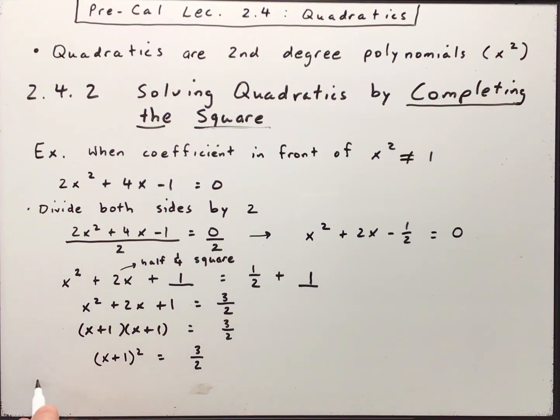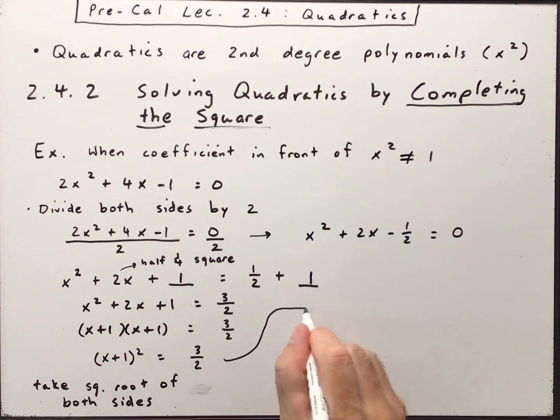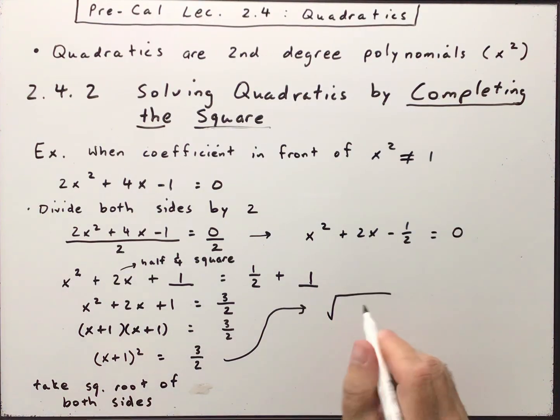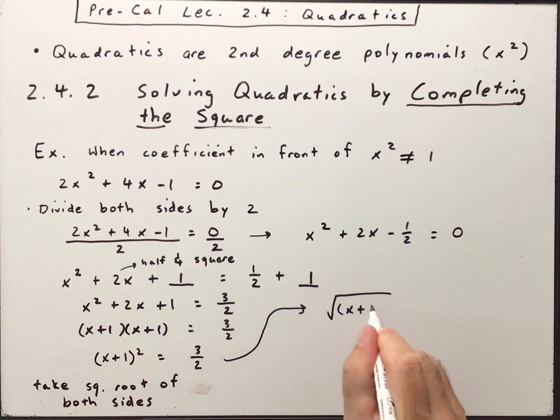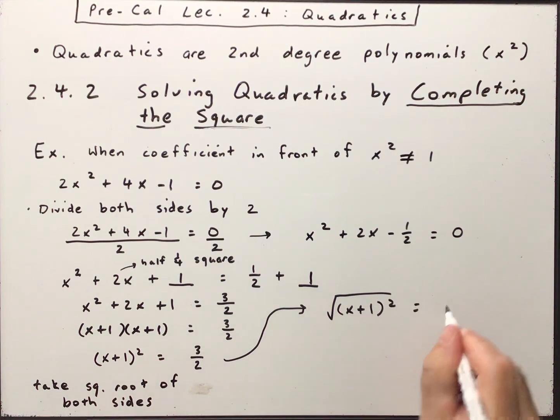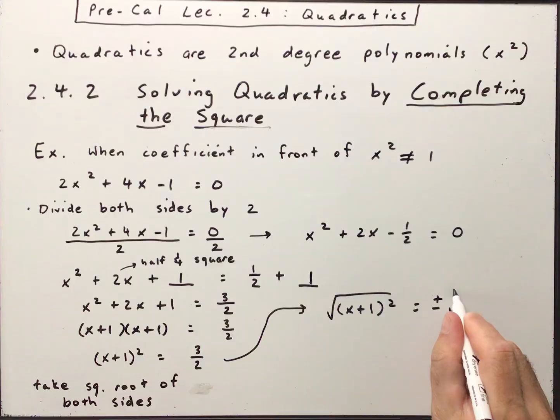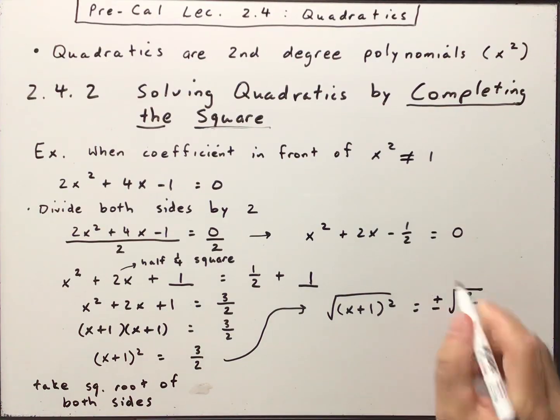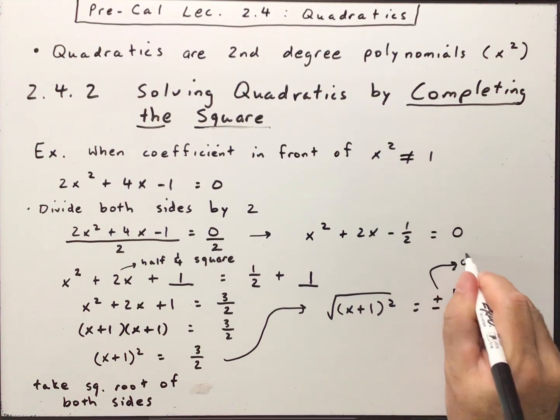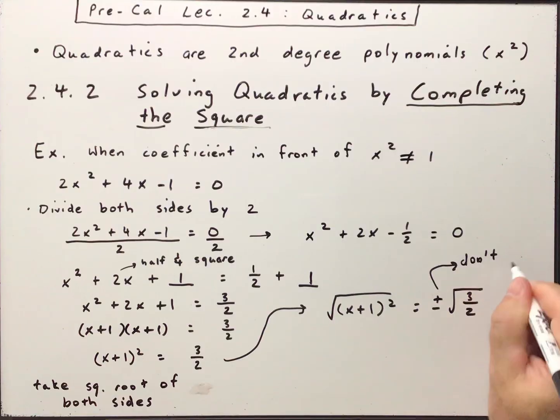Now we're going to take, you don't have to write this out every time, the square root of both sides. All right, so when we do that, we would have the square root of x plus 1 all squared is equal to plus or minus the square root of 3/2. Don't forget the plus or minus.